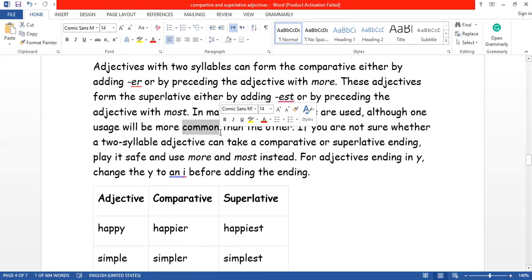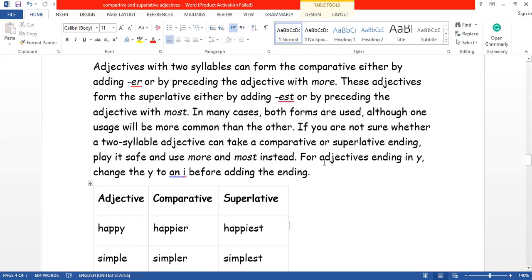More happy is correct, but it's not common for people. So we say comparative, happy, happier. This is a two-syllable word, happiest. Most happy is correct, but it's not common. And simple, simpler, simplest.